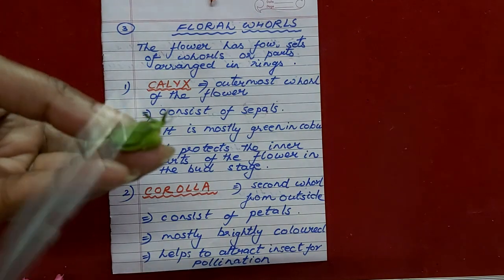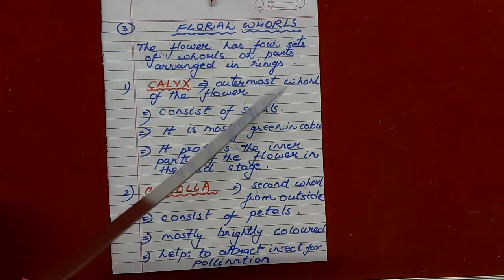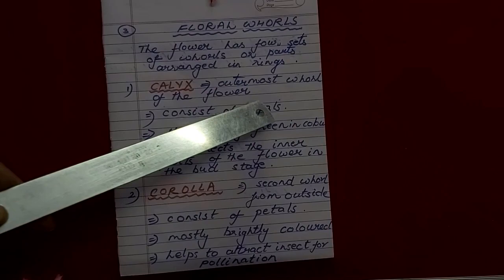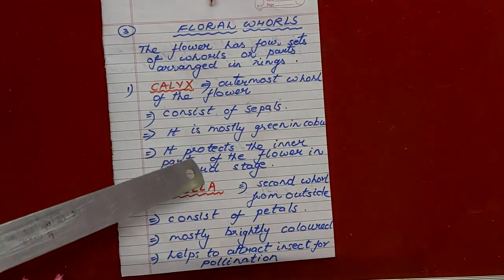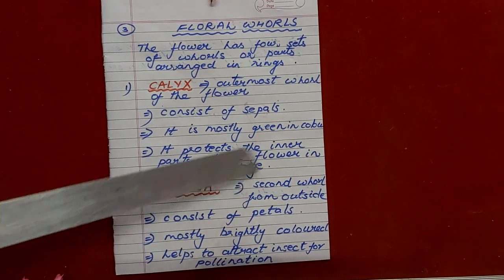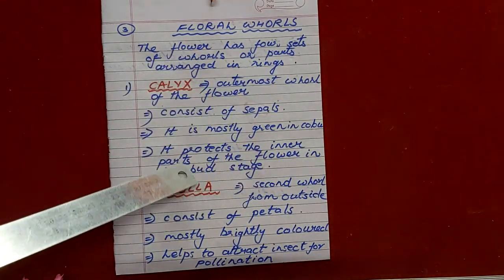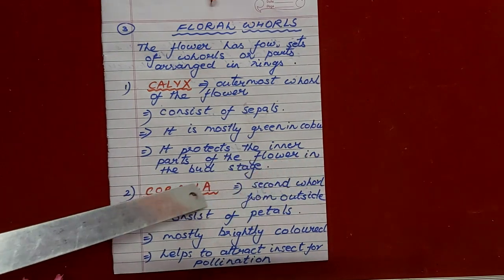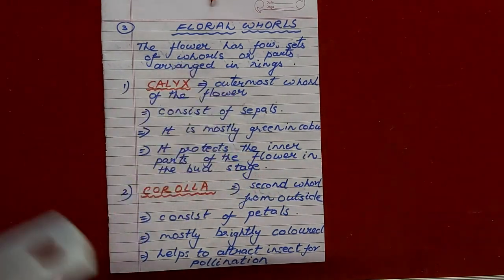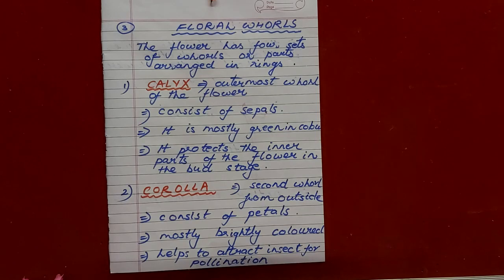So this is the outermost whorl of the flower. It consists of sepals. It is mostly green in color. The main function of the calyx is that it protects the inner parts of the flower in the bud stage. When the flower is in the bud stage, the calyx, these sepals, are protecting the parts of the flower.